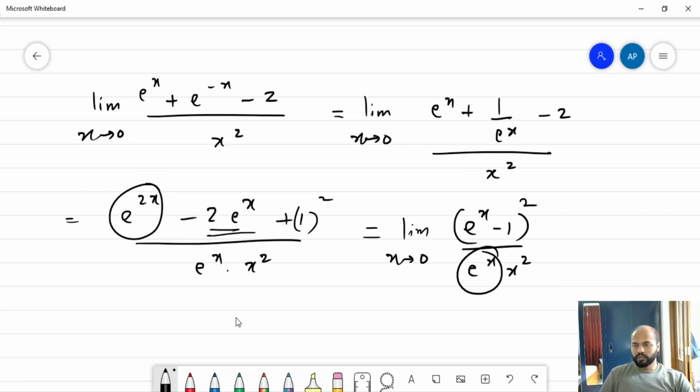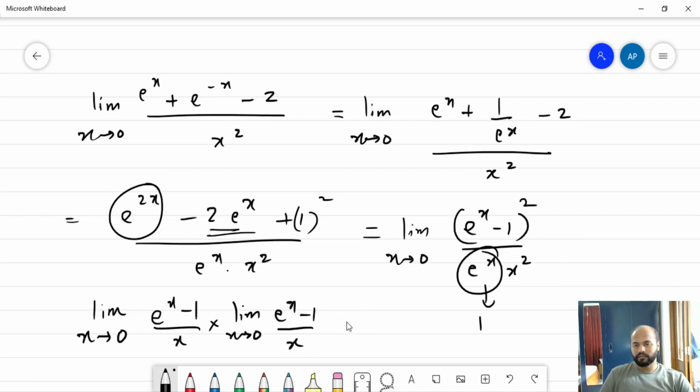Now if you put x equals to 0 over here, this term becomes finite, that is 1, because e raised to 0 is 1. But then what we have in the final expression is limit x tending to 0, e raised to x minus 1 by x into limit x tending to 0, e raised to x minus 1 by x. There are two limits, and this is going to be 1, and this is going to be another 1. So 1 into 1 is 1, which means that the final answer is 1.